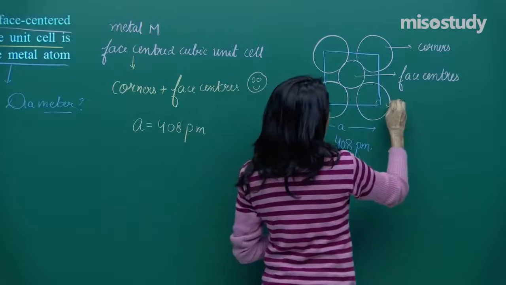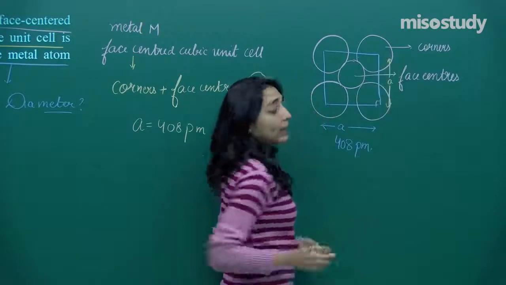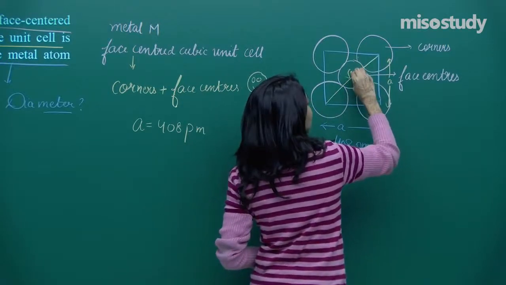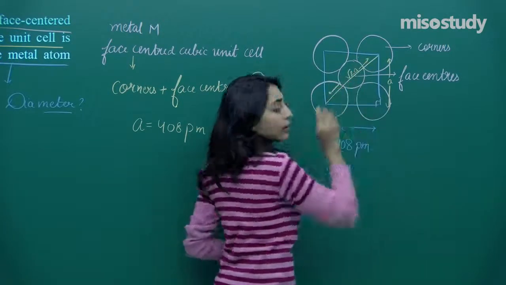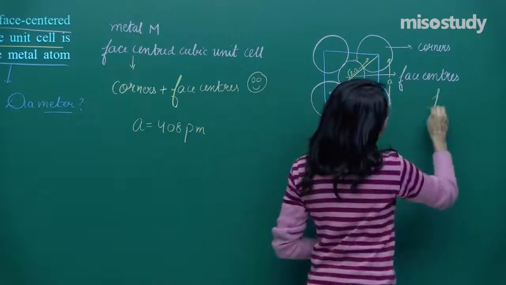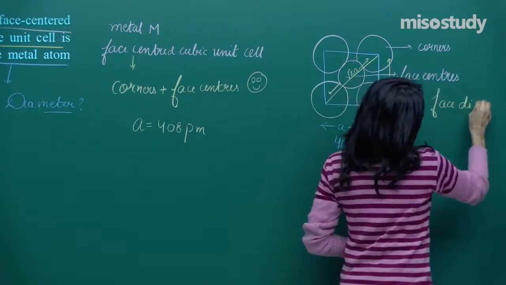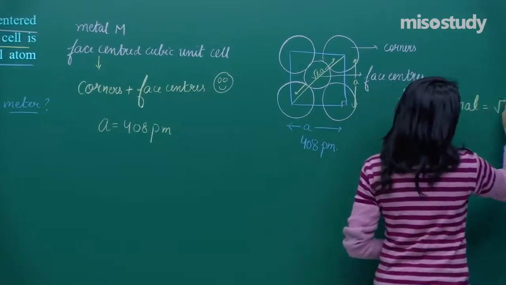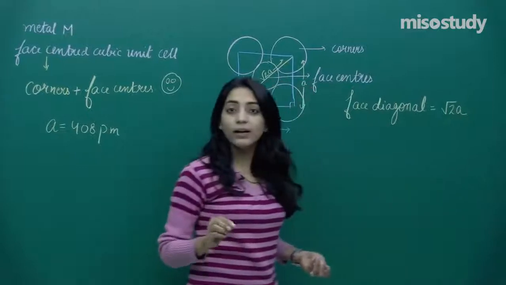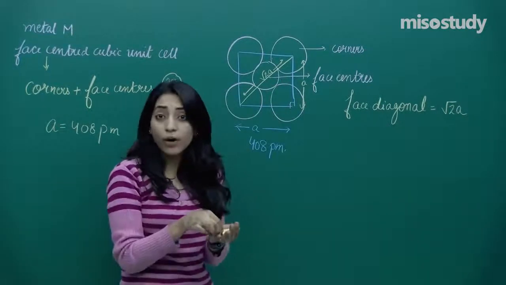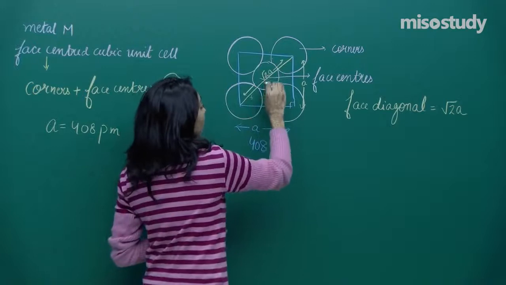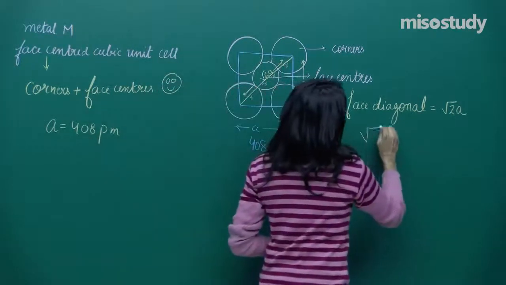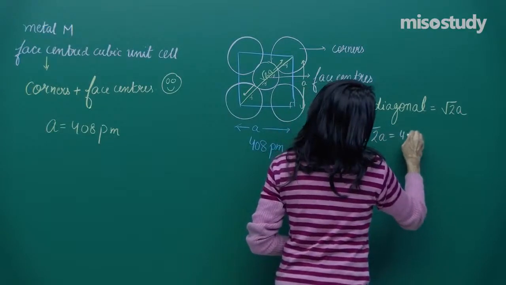If this is a, this is also a, so can I simply use Pythagoras theorem and we'll get the value of this diagonal equal to root 2 a. So the value of the face diagonal is √2 a. If I am asking you to write in terms of r, it is 4r. So you can easily say √2 a is equal to 4r.